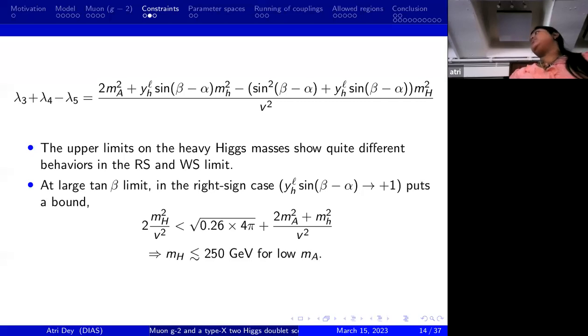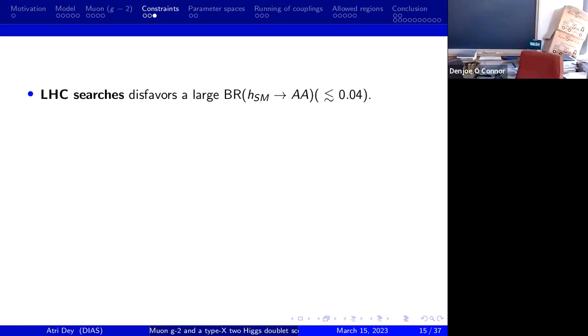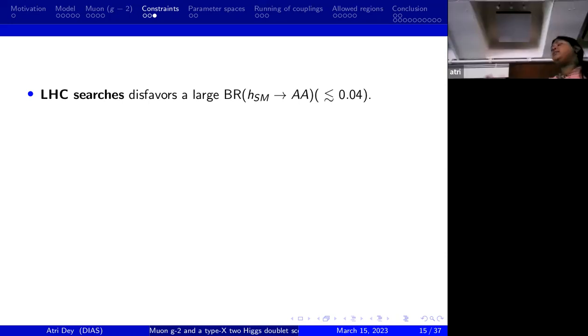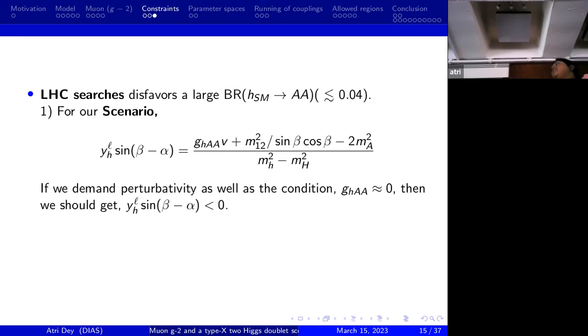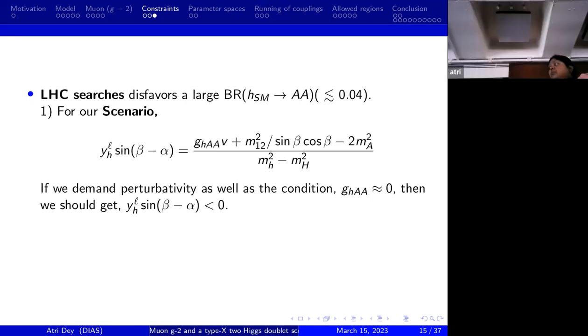Okay, so this is the thing, and there are other constraints which I already discussed: if our pseudoscalar mass is small, then our standard model Higgs can decay to a scalar pair. There's an on-shell decay. From the data, they have put a strong bound on this decay branching, which cannot be more than 4%.